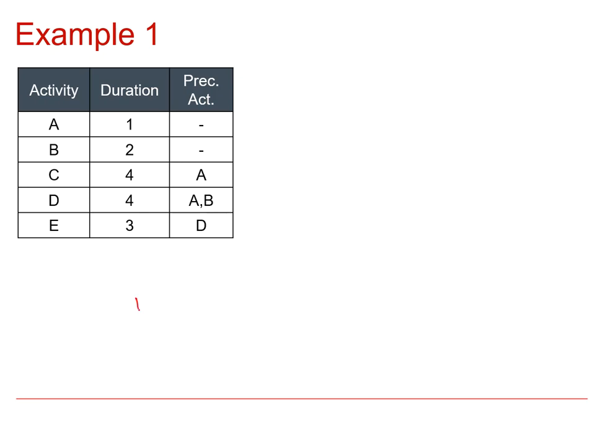So we always have a start node, a source node, which has label number 1, and activity A and activity B start from there. And then we can see we've got activity C that depends only on activity A, so that's fine. We can add a node here.